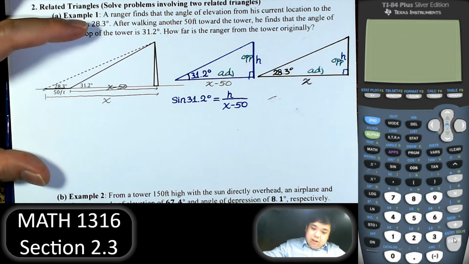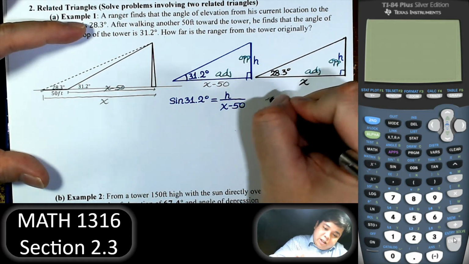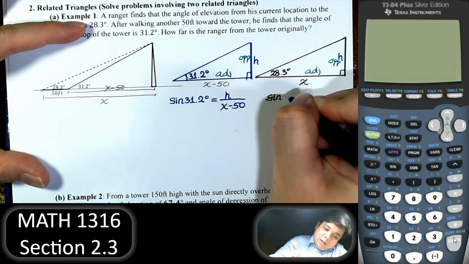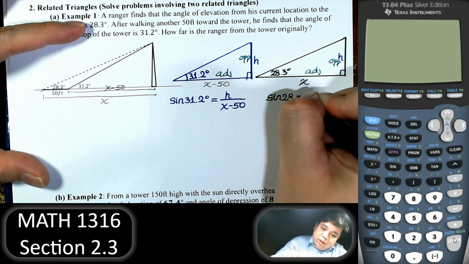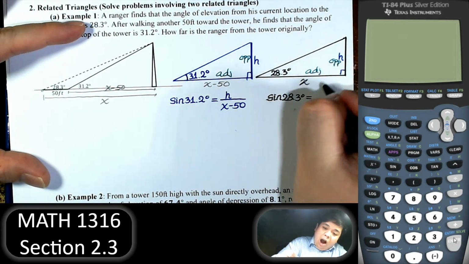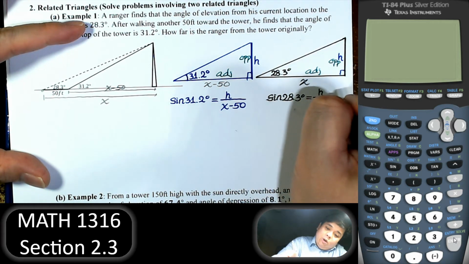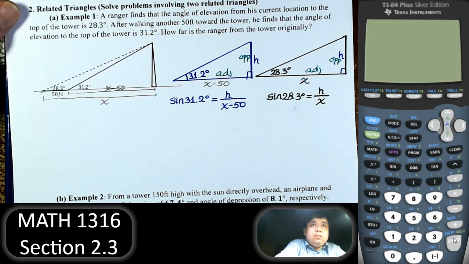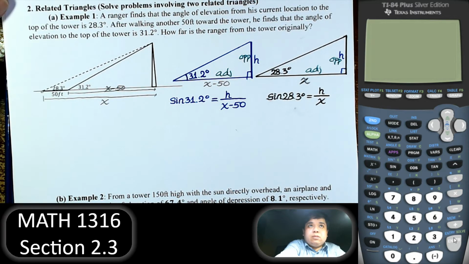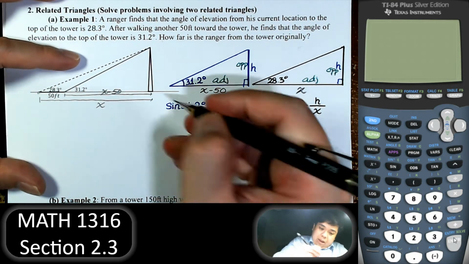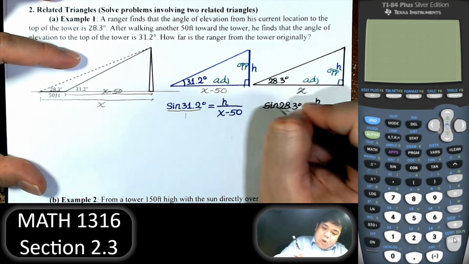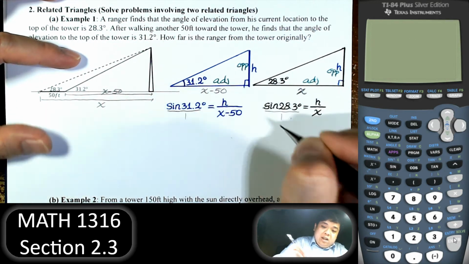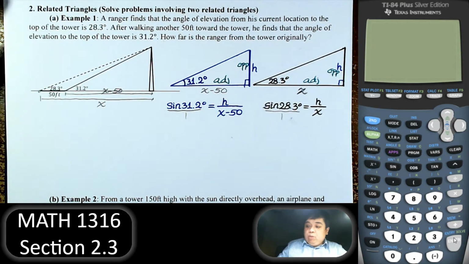For the other triangle, tangent of 28.3 degrees equals opposite h over adjacent x. Now, two variables, h and x, and two equations, so we should be able to do it.